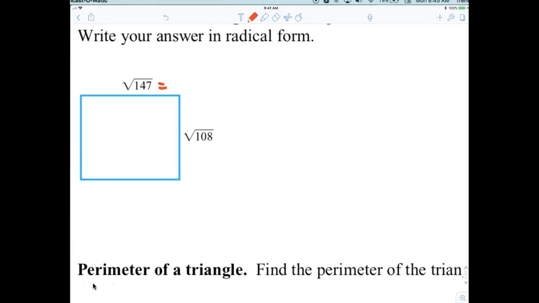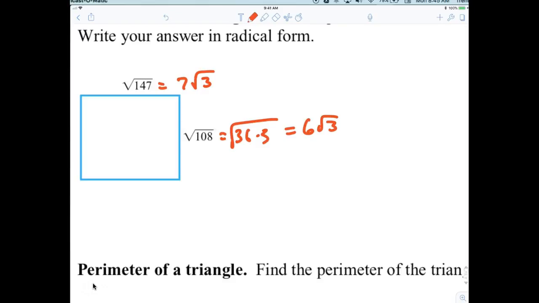So yes, 49 times 3. That's 7 radical 3. On 108, I do know this one, 36 times 3. All right. So now your final answer is 6 radical 3.